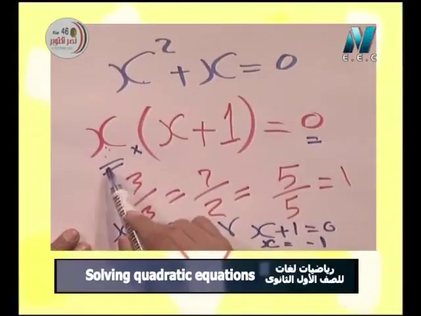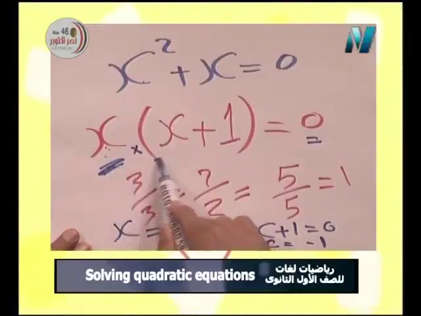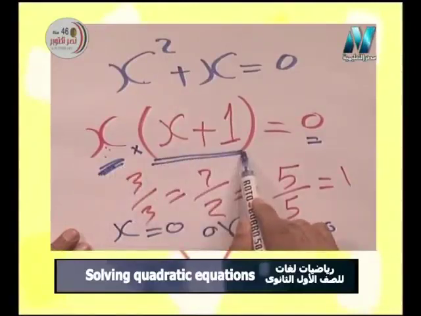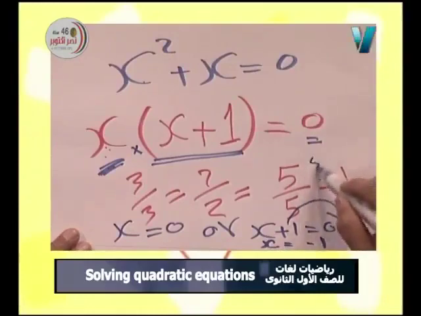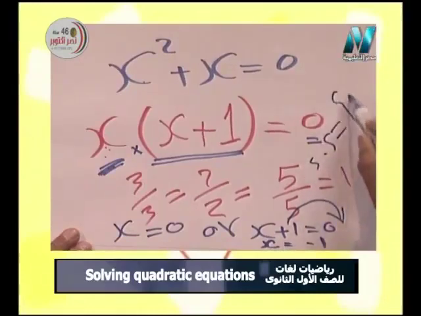So the first number could be 0 and the second number, which is the bracket, equals 0. So x plus 1 equals 0, and we solve the equation: x equals negative 1. So the solution set must be 0 and negative 1.